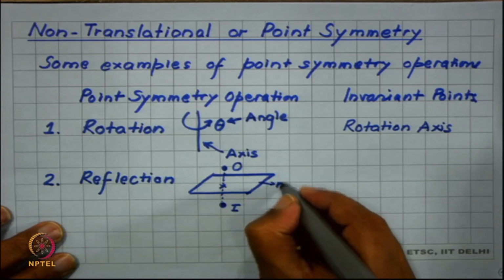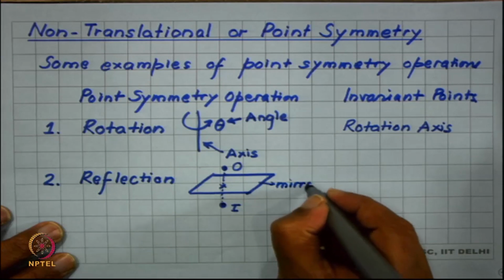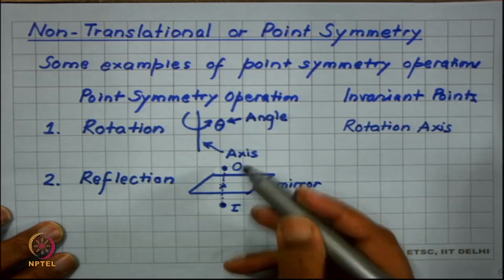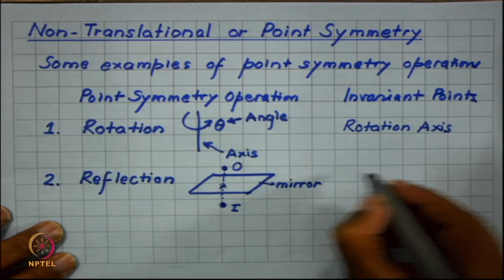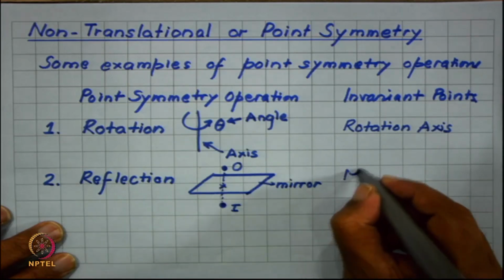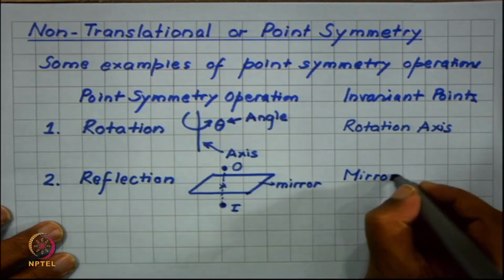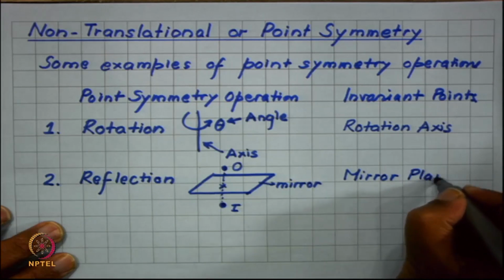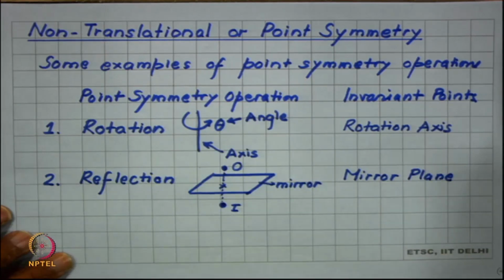So, this is the mirror. Again, every point moves to some other point, but the points on the mirror plane remain invariant. So, points on the mirror plane do not move anywhere.